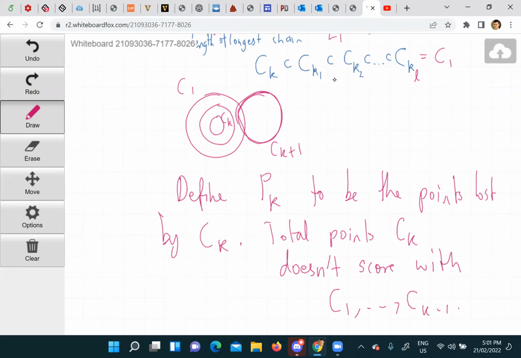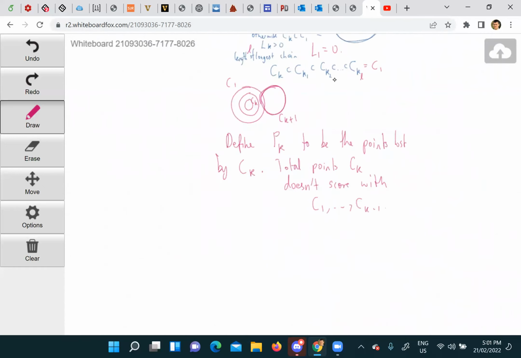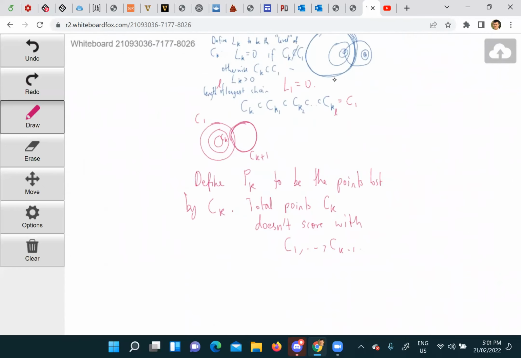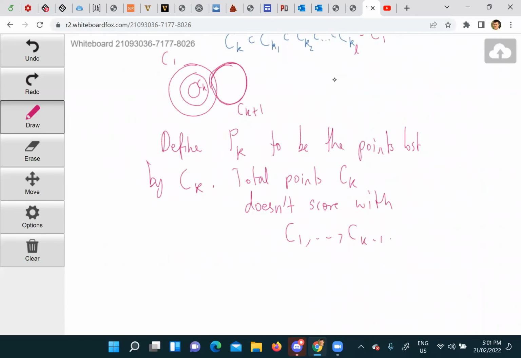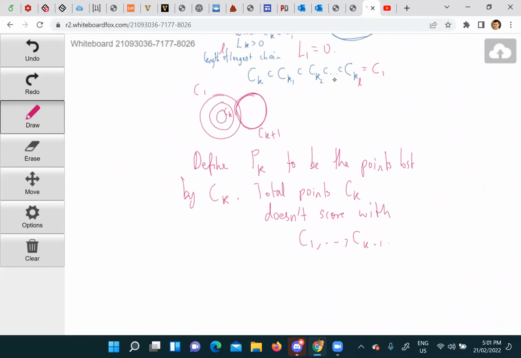Okay, so it doesn't count for the next one. If CK doesn't go with CK plus 1, then that counts for PK plus 1, not for PK. So the PK only counts for the circles that have a lower index than the one you're at. Okay? Are these definitions clear? Yeah.